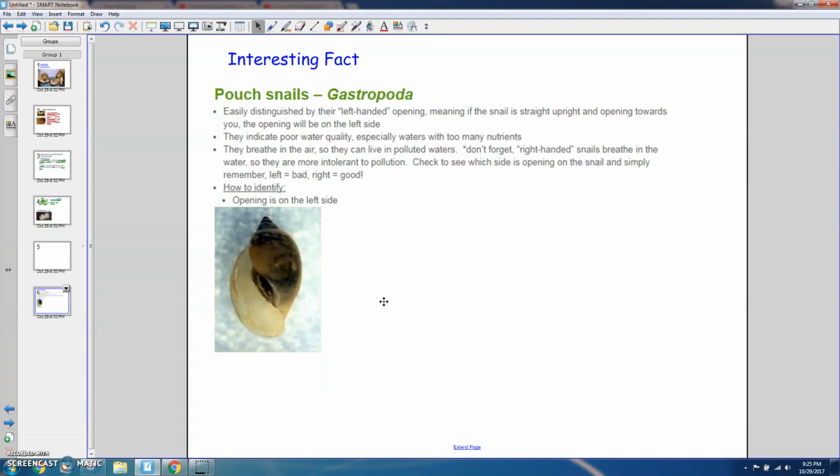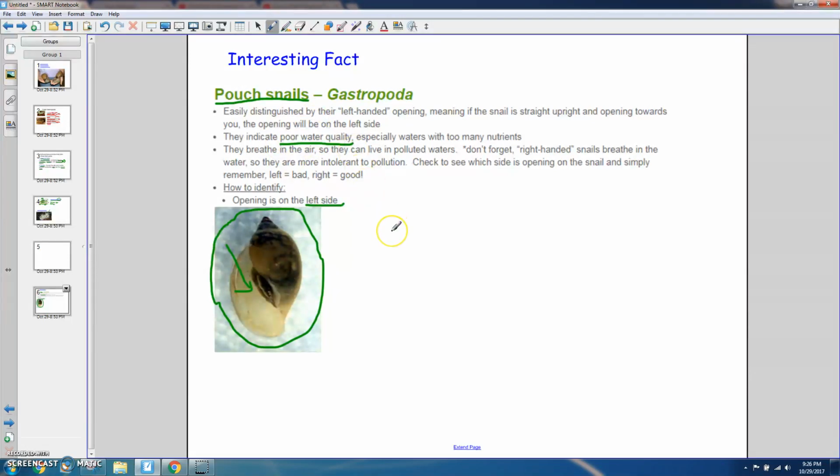And what's really interesting is that the pouch snail opens up to the left. So if you were to look at a snail and just have it face you, if this opening is on the left, that means it's some type of pouch snail. But it also indicates poor water quality.